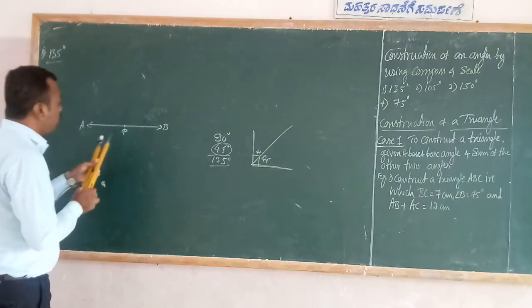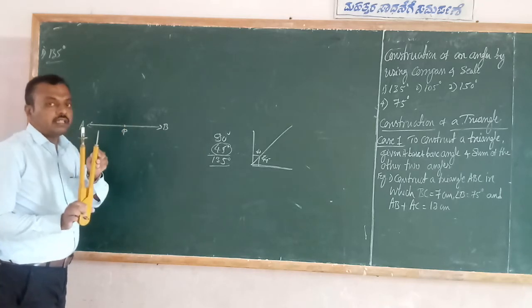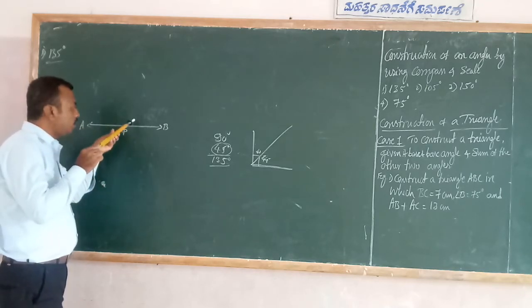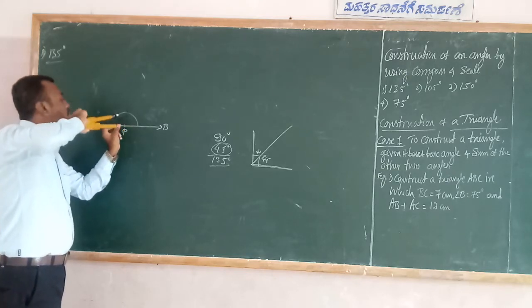See, like that you have to draw it. First, take any radius from the compass, keep on the point P and cut the arc.